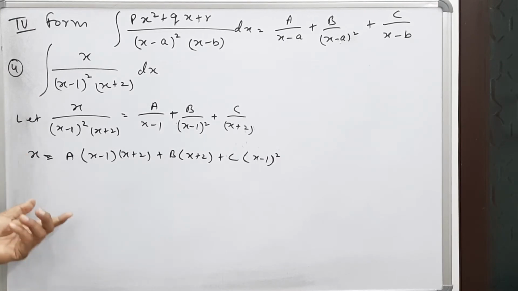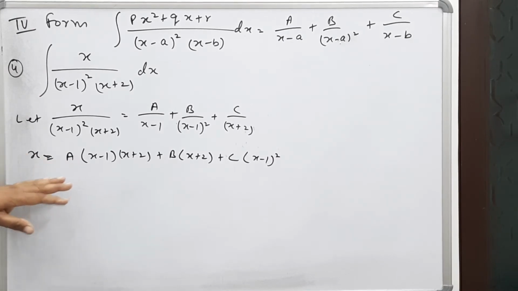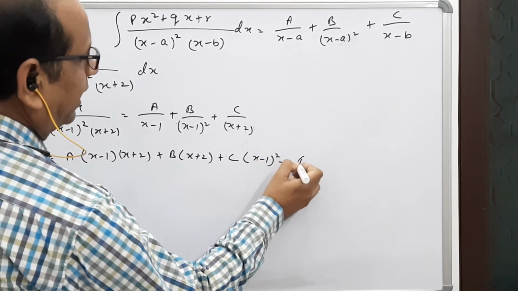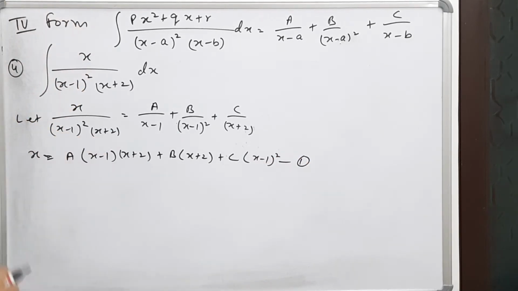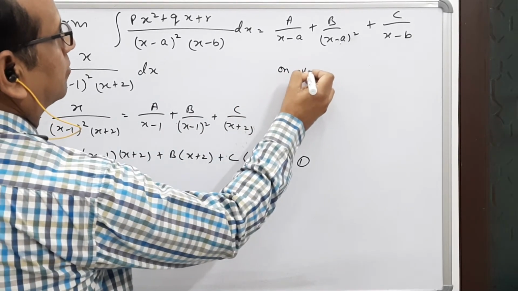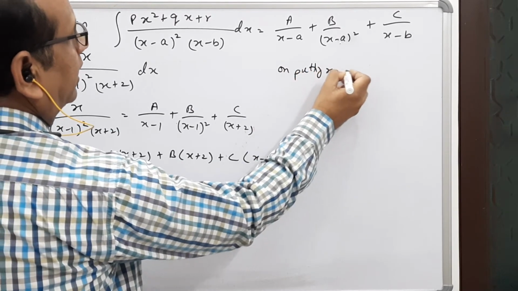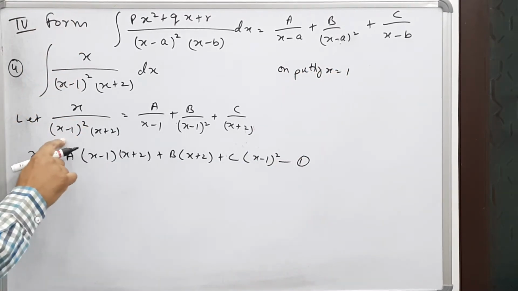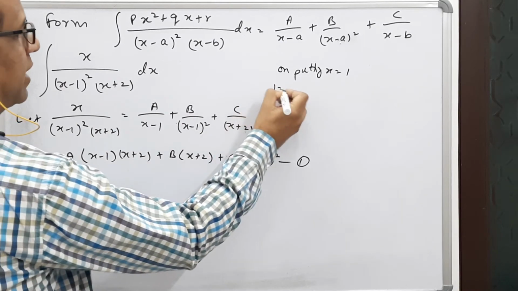Now there are different methods here. One method is you put the value of x as 1 and minus 2. It will become a little easy and you will be able to find two coefficients here. So here I am putting x equals 1, that is the 0 of this. So it is 1 this side.